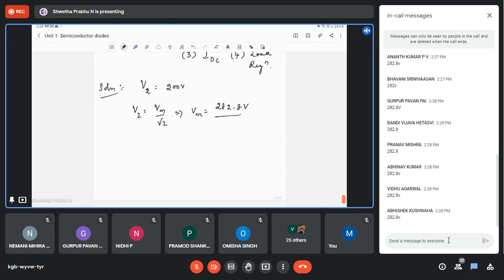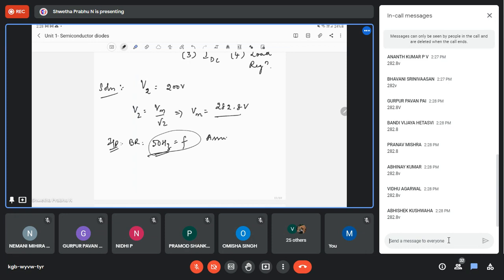Okay, one more thing I have to tell you. The input frequency for a bridge rectifier will be equal to 50 Hertz. If they do not specify, assume it to be equal to 50 Hertz frequency. If they have given the frequency value, then well and good.